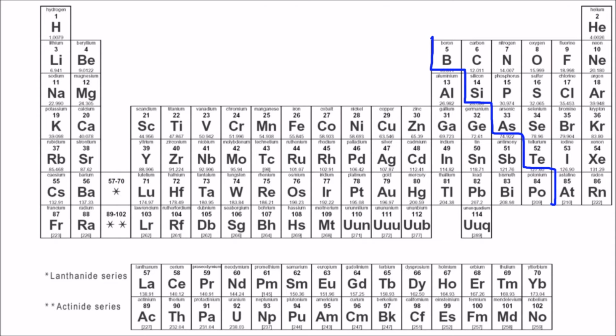And when we say left-hand side, we use this stair-step line here to separate the sides of the periodic table. So everything to the left of that line is a metal, and everything to the right of that line is a non-metal. So all of this stuff over here loses electrons and becomes positive, and all of this stuff right here gains electrons and becomes negative.